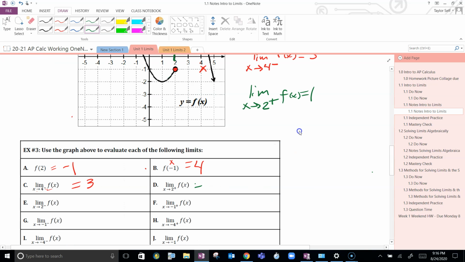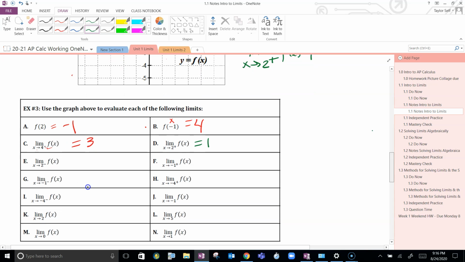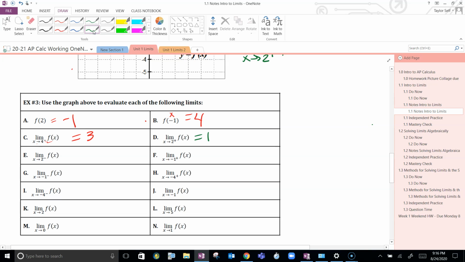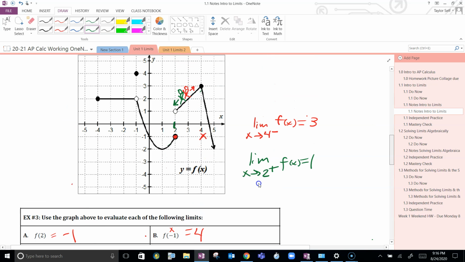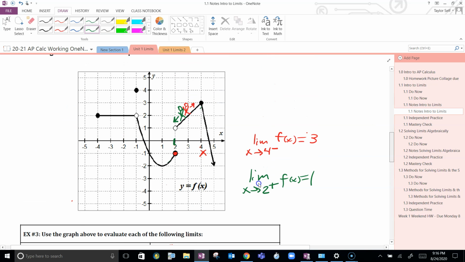All right, we'll do a couple more. Let's do limit as x approaches -1 from the left. I'm going to do this one in blue.